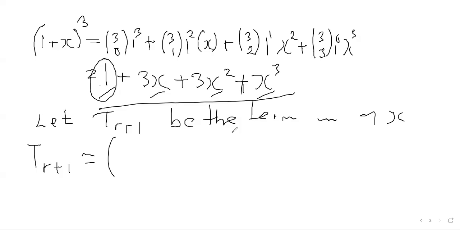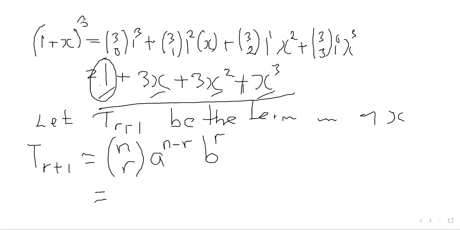Say for T_{r+1}, this is equal to n choose r. Whenever you have r plus 1 here, it is always r plus 1 minus 1, so it's r here, and you have a to the power n minus r and b to the power r, like this. So this is equal to, you start replacing using the question that we have above.